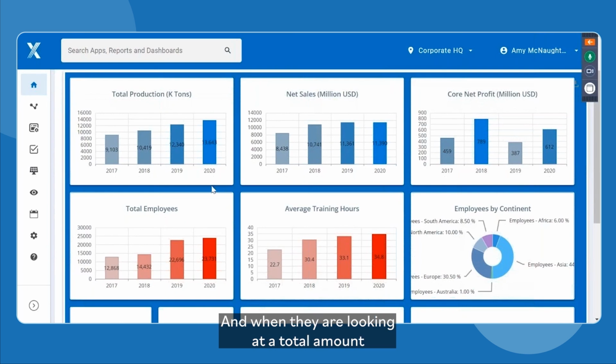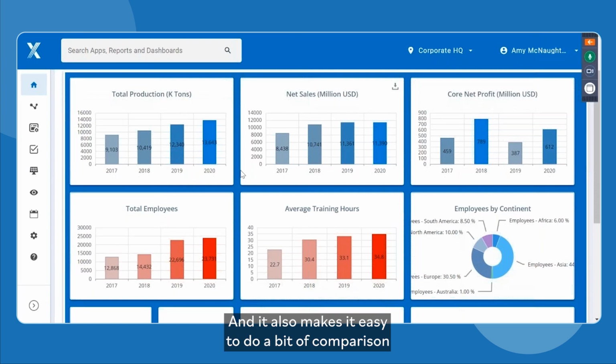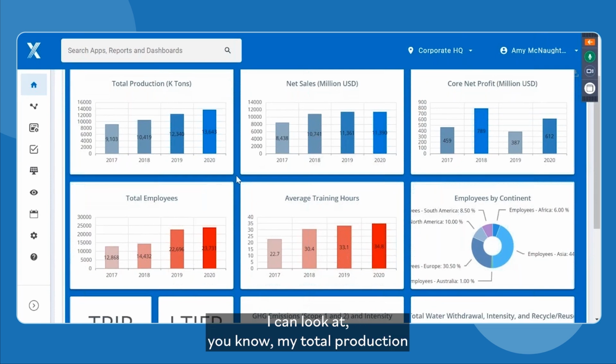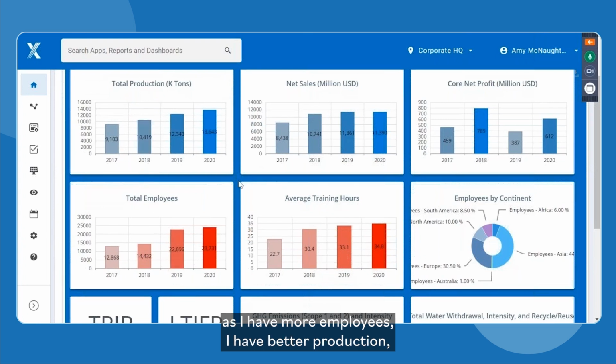And when they're looking at a total amount and looking at it in the same function, it makes it easier for them to digest. And it also makes it easy to do a bit of comparison without even having to overlay those data points. I can look at my total production and my total employees, and I'm seeing a direct correlation. As I have more employees, I have better production.